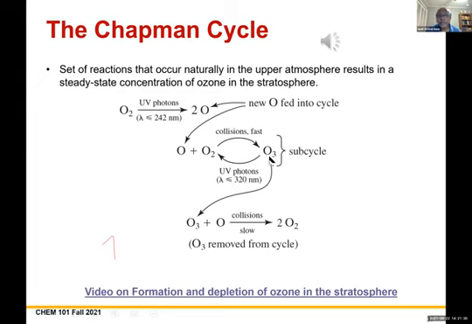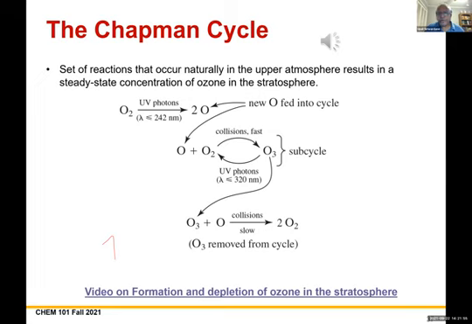Anyway, ozone can also break into oxygen by reacting with atomic oxygen. So this cycle produces oxygen atoms, and eventually they maintain a steady state of ozone in the ozone layer.